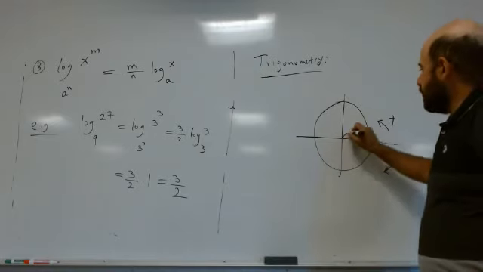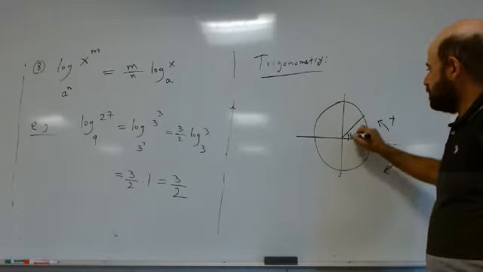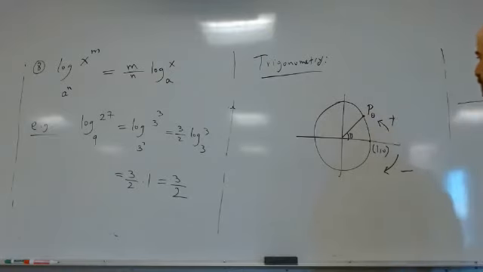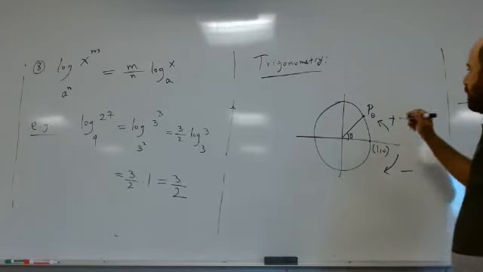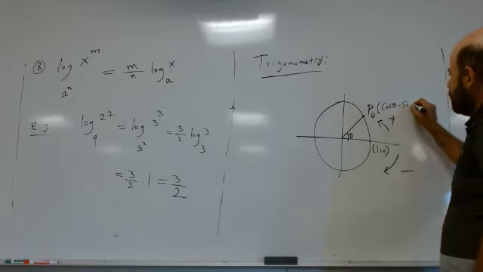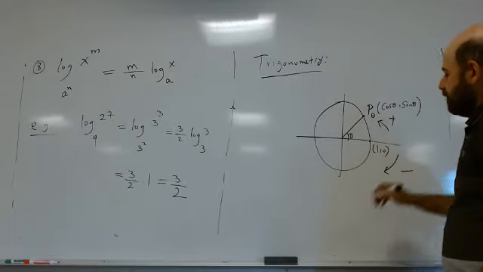So let's say you have an angle theta here, and you have some point here. Normally on the unit circle, we denote it with P sub theta. Now this point has two coordinates, and the x coordinate is called cos theta, and the y coordinate is called sine theta.